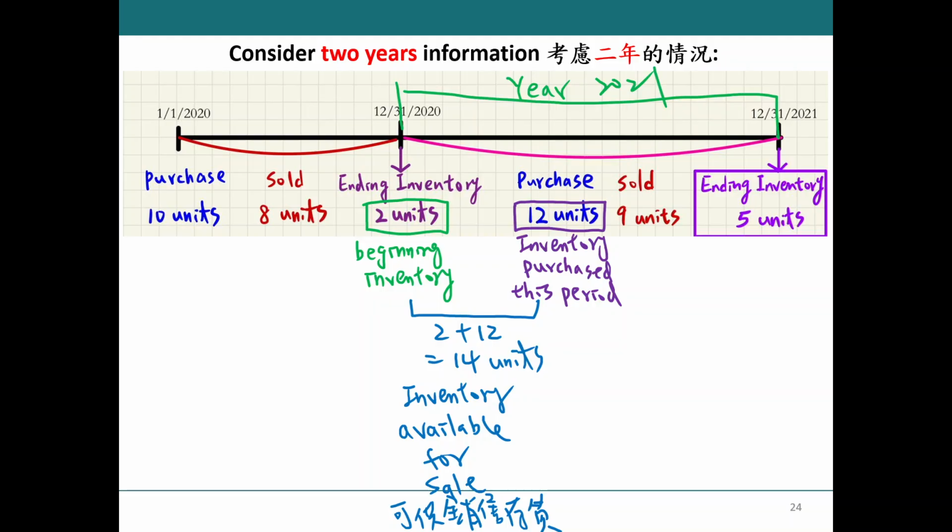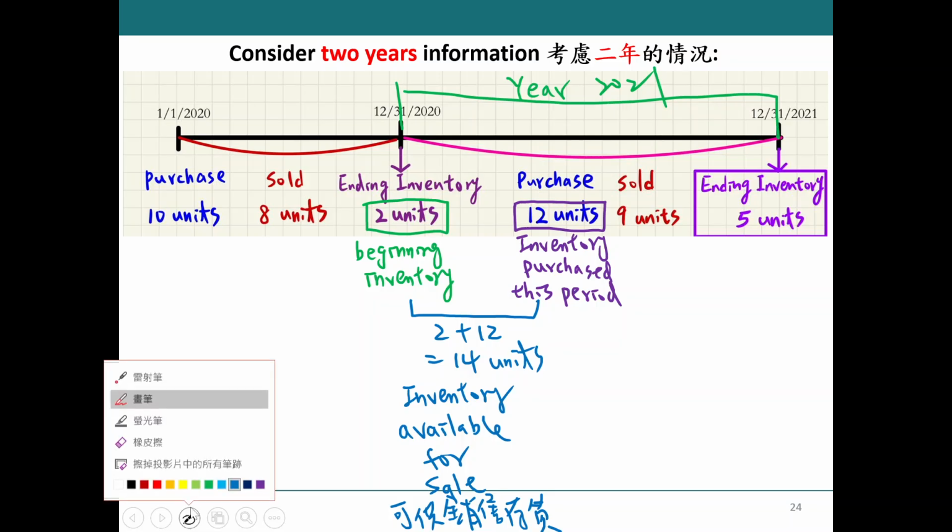So right now, I know I have 14 units. I'm going to sell to customers. So this year, when we do the business, how many did we sell to customers? 9 units, okay? So we sold the 9 units.